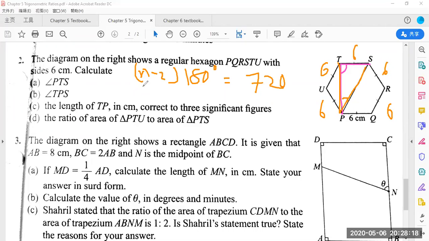N is equal to 6, so it's 720 degrees for a hexagon. And then you divide by 6, and you find that each angle is 120 degrees. So here are 120, 120, 120, 120.